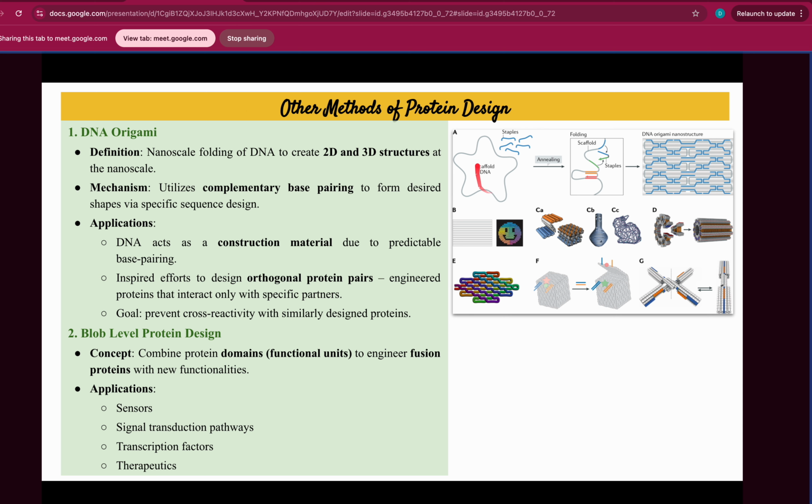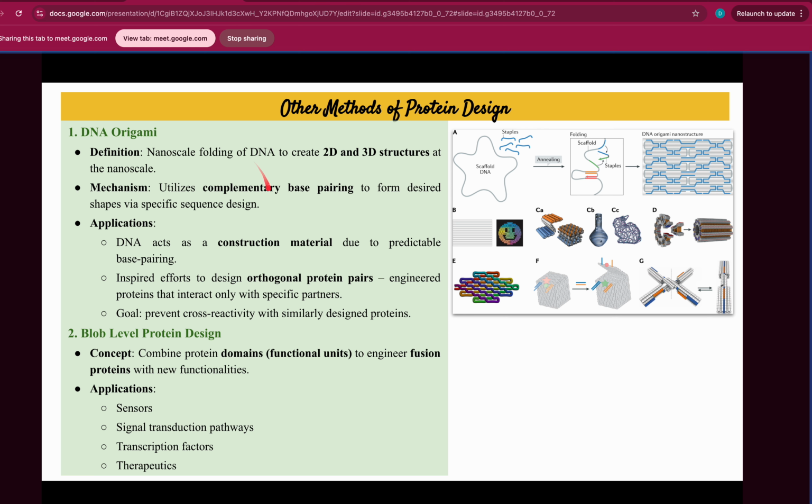So we can have a DNA scaffold in which we can use staples. Staples are also DNA sequences in which we already know the nucleotides present, so we know where they can bind, because they show specific complementary binding. With scaffold DNA and these staples, which will bind only to those regions that contain the complementary nucleotide base pairs, the DNA can adopt different structural forms.